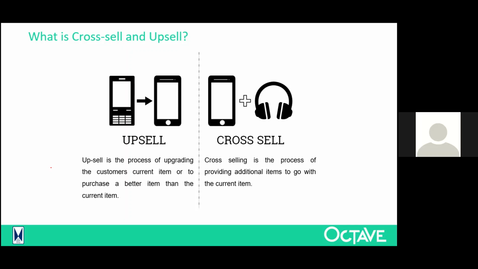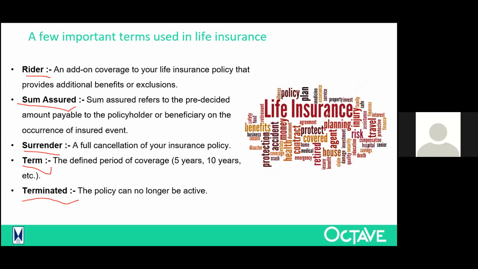Yeah, so I think I'll explain the definitions again. What I meant by terminated is that a policy is no longer active. There are two ways a policy can be terminated. One is when it's matured. Matured means the customer has paid their entire term, for example 10 years, and it's complete.